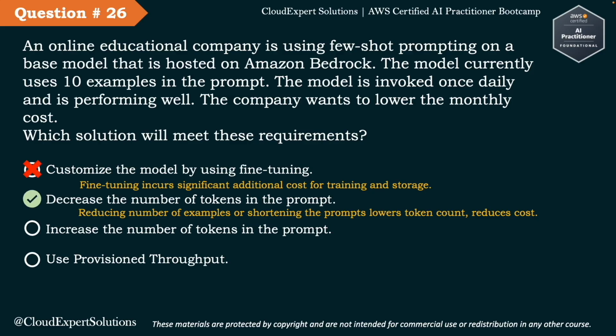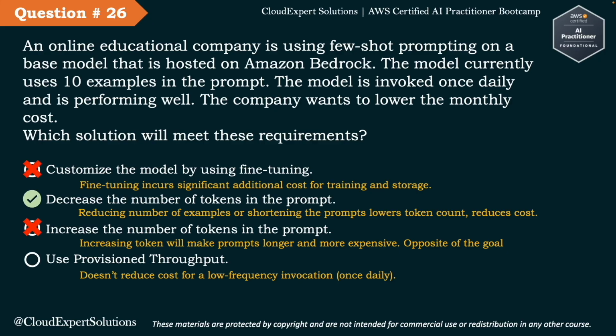Option number 3, increase the number of tokens in the prompt. If you increase the number of tokens, it will make the prompt longer and more expensive, which will do exactly the opposite of our question's goal. That is why option number 3 is not correct. And let's review the last option, use provisioned throughput.